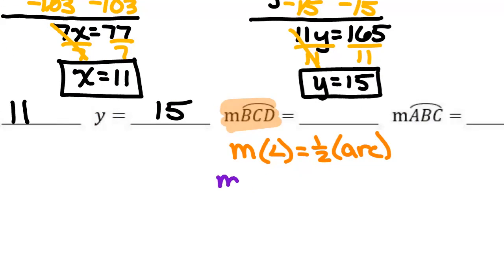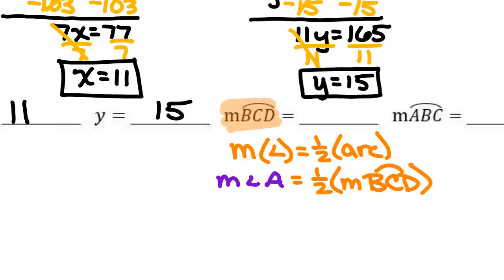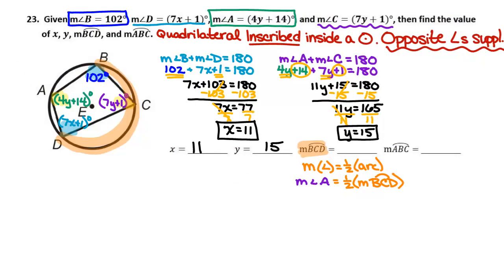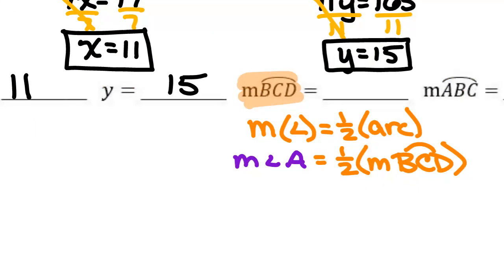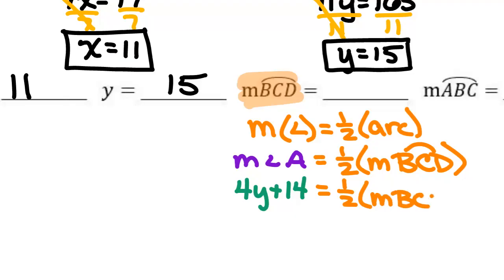So we have the measurement of angle A is equal to 1/2 times the measurement of arc BCD. Angle A was 4y plus 14. So 4y plus 14 equals half the measurement of arc BCD.